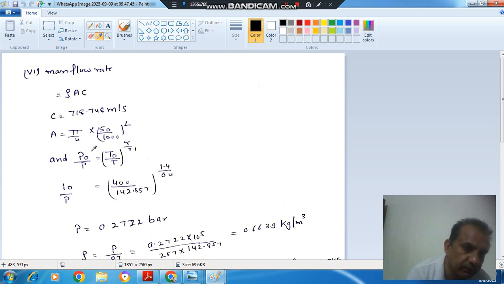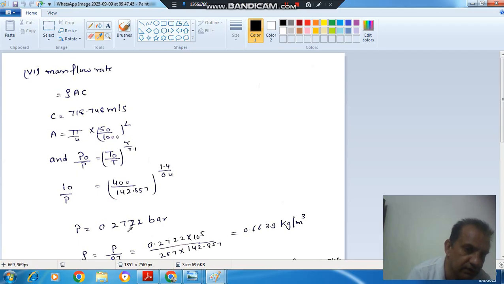And from the isentropic relation at the inlet, P naught by P is equal to T naught by T to the power gamma by gamma minus 1. And the stagnation pressure at the inlet is 10. Stagnation temperature is known, static temperature is known, so we can find the static pressure.